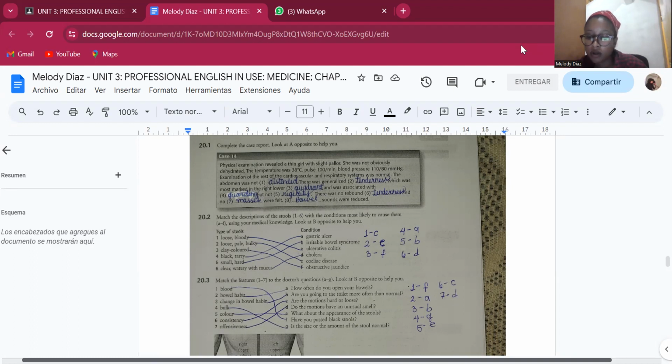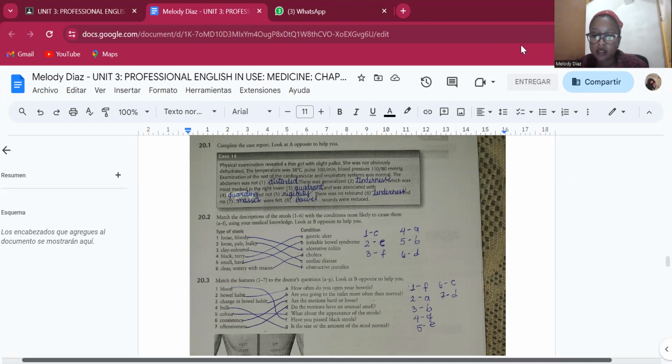Pulse 100, mean blood pressure 180 millimeters of mercury. Examination of the rest of the cardiovascular and respiratory system was normal.